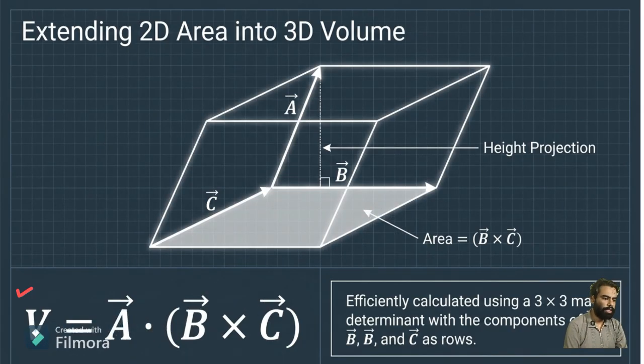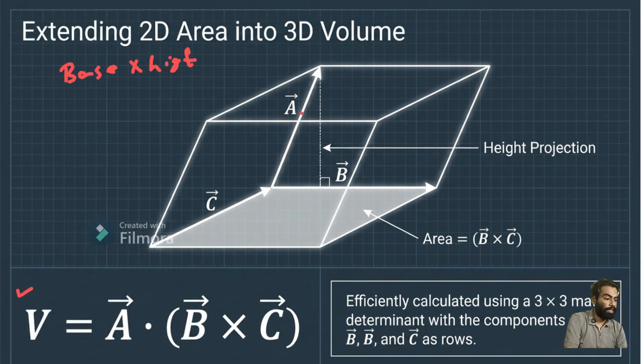So how can we do this 3D picture? We already have B cross C, that is the area of the base, and now to find the volume you have to multiply the base into the height. But here A is not that height, because A is not the vertical line, A is just another vector here. So what should be multiplied with it? The height should be this.